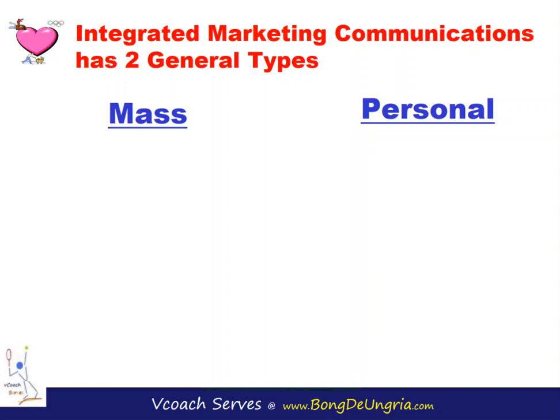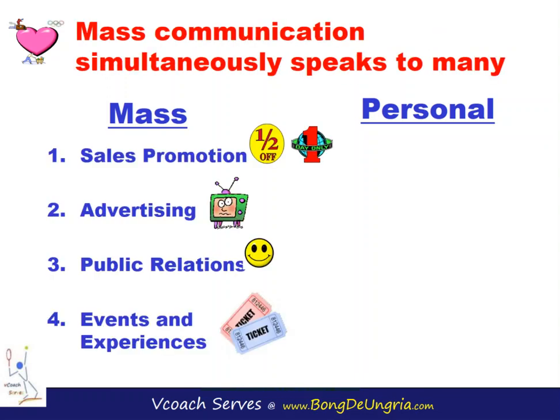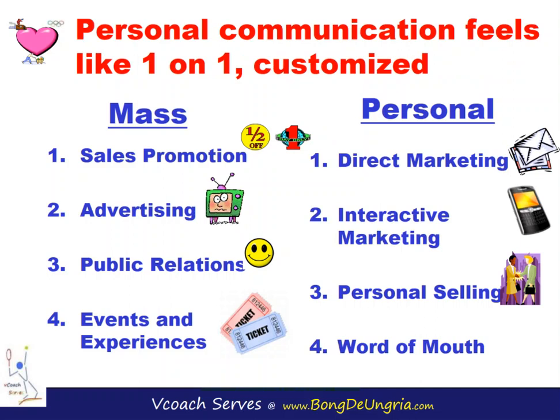There's mass communication, where an identified sponsor speaks to a lot of people at the same time, and there are four types of mass promotion: sales promotion, advertising, public relations, events, and experiences. As differentiated from mass marketing, personal marketing feels like it's just you being talked to. And there are four modes of personal communication: direct marketing, interactive marketing, personal selling, and word of mouth.